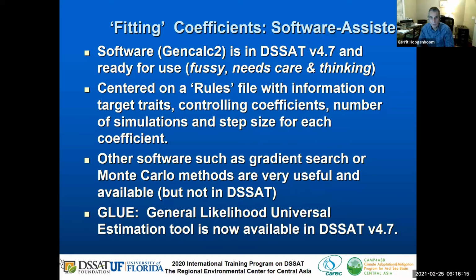The approach is based on what we call a rules file, where we determine what is called a target trait, a target observation that is associated with one or two cultivar coefficients. The whole work of this application is based on a file called rules. This file contains information about some target characteristics that correspond to one or two cultivars of a particular crop.